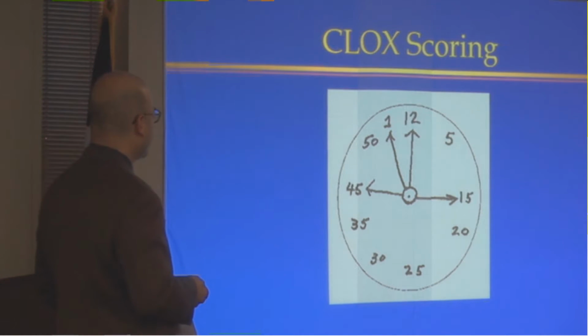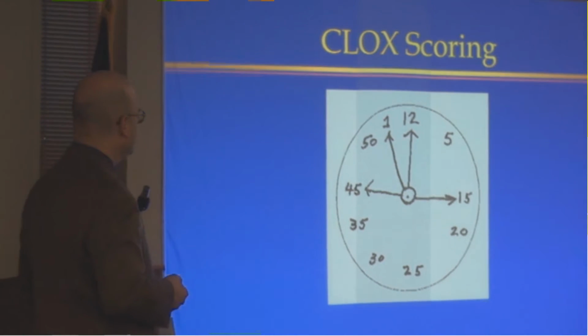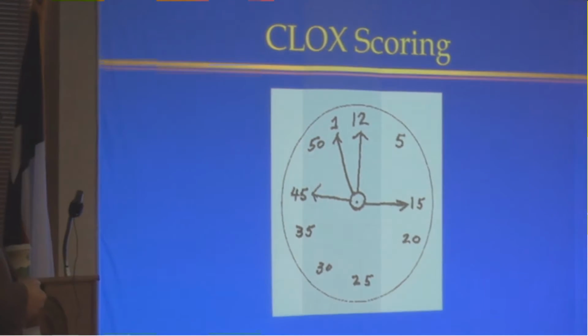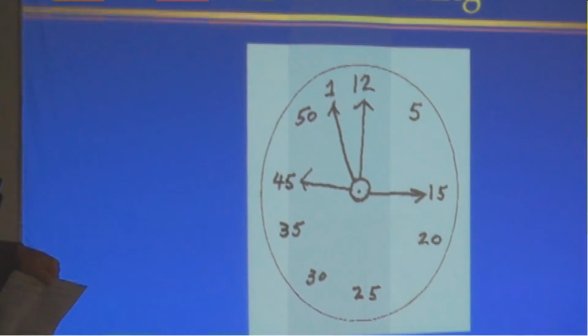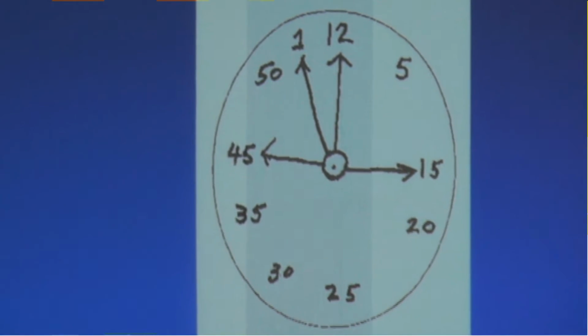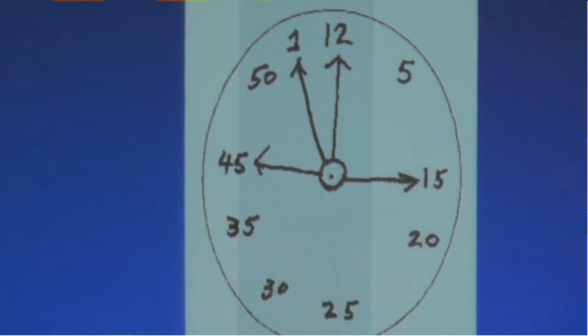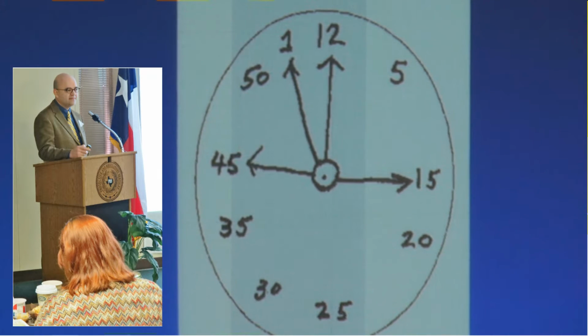So these are our examples of intrusions and perseverations. So this patient, when you read the instructions, draw me a clock that says 1:45, set the hands and the numbers on the face so that a child could read them.